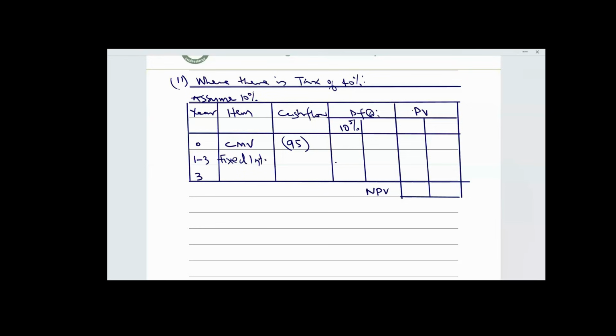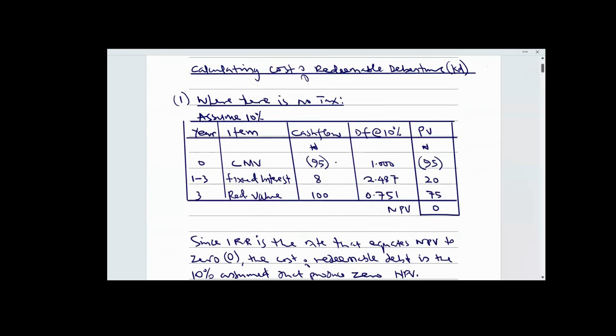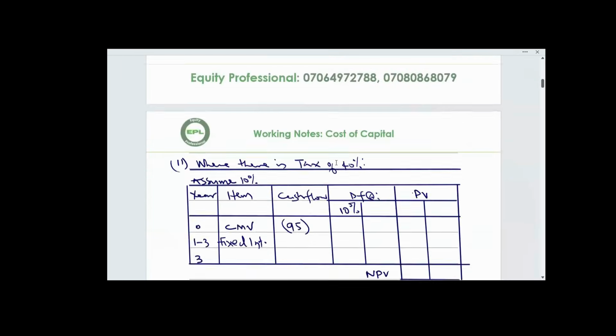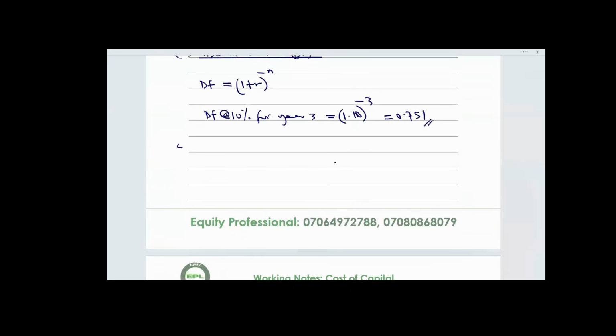Our interest is, in this case, pay attention. In this case, we cannot use 8 naira again because we are told that there is tax. So we need to go and calculate after tax interest. Working number 4. Post-tax, you can call it after tax or post-tax interest. The after-tax interest is computed as interest multiplied by 1 minus tax rates.